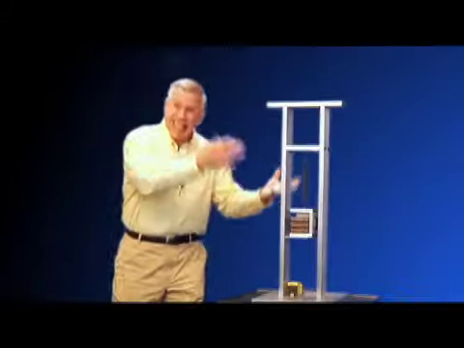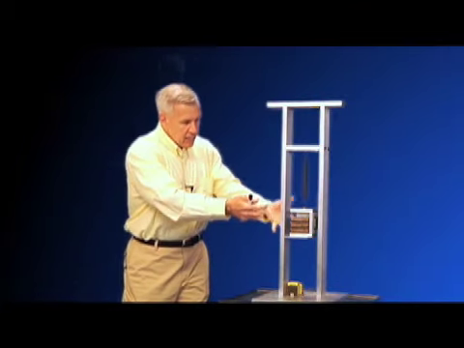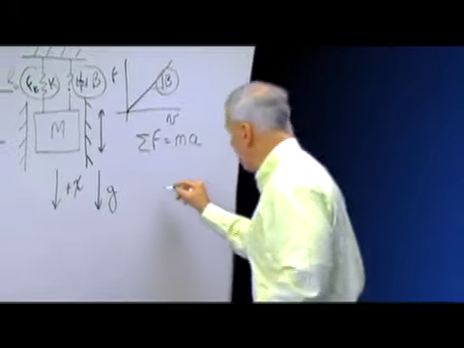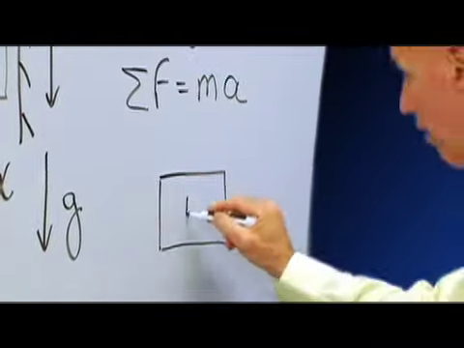These are forces that are applied externally to the system. What system? Well, in order to apply this, I need to identify what I'm applying it to. In this case, the system consists of my block of mass m.